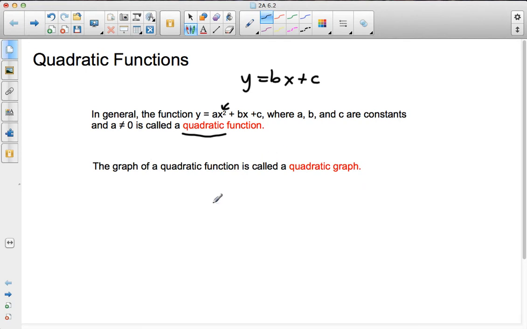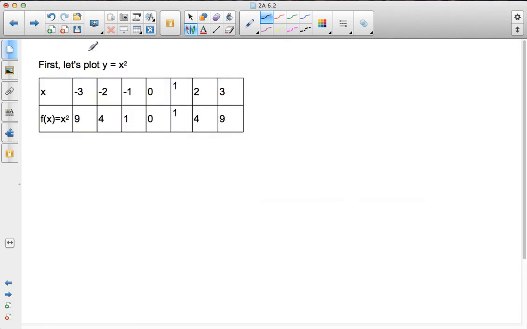What we're going to do first is start with the simplest of quadratic graphs, y equals x squared. Or in this case, as we set it up as a function, f of x equals x squared. First thing I'm going to do is plot y equals x squared. So I'm going to make a table of x values and y values. If you're a little confused, you can imagine it as y equals x squared.